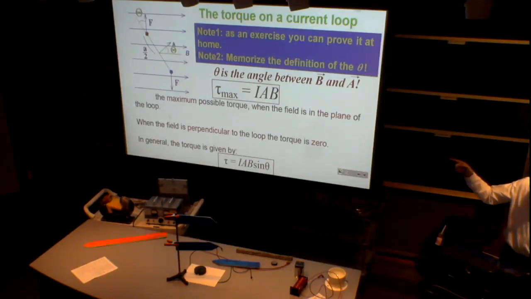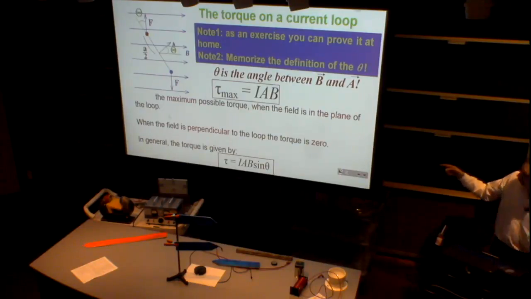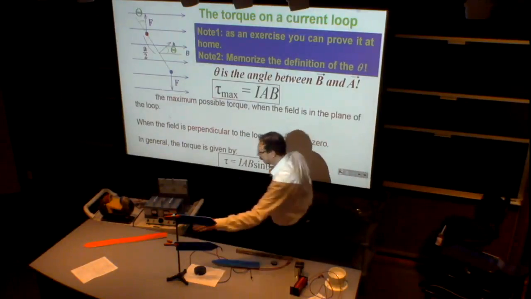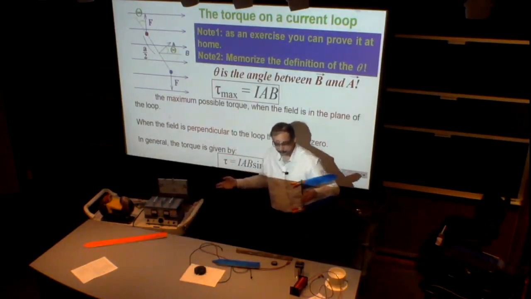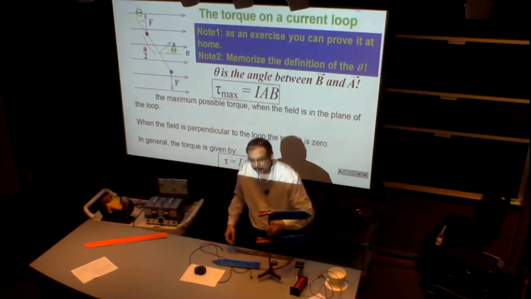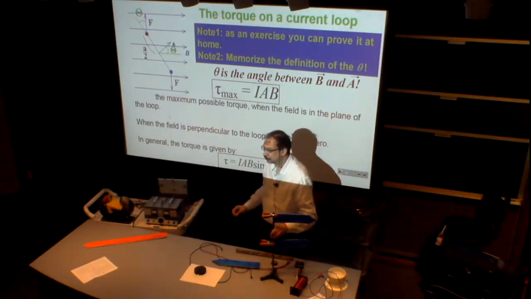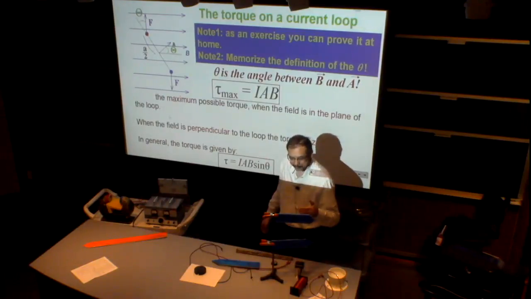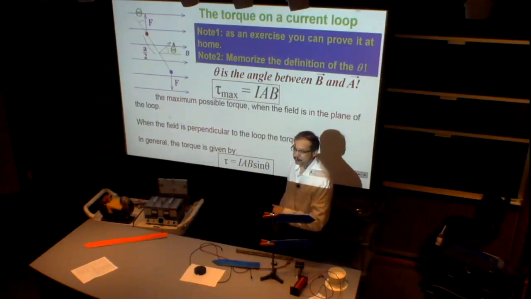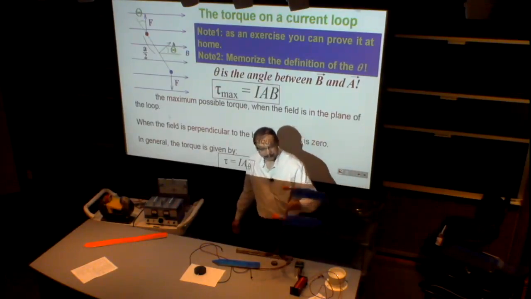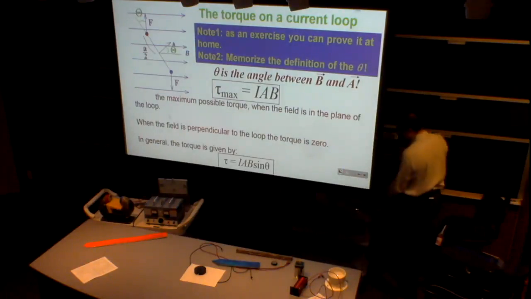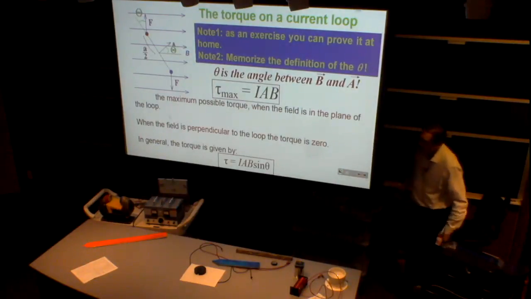So this is the general relationship which describes all possible situations. When theta is zero, there is no torque. Again, you have to remember, what is an official definition of this theta? That's the angle between magnetic field and the area vector of a loop. So that's what you need to see in your pictures, the area vector and magnetic field.